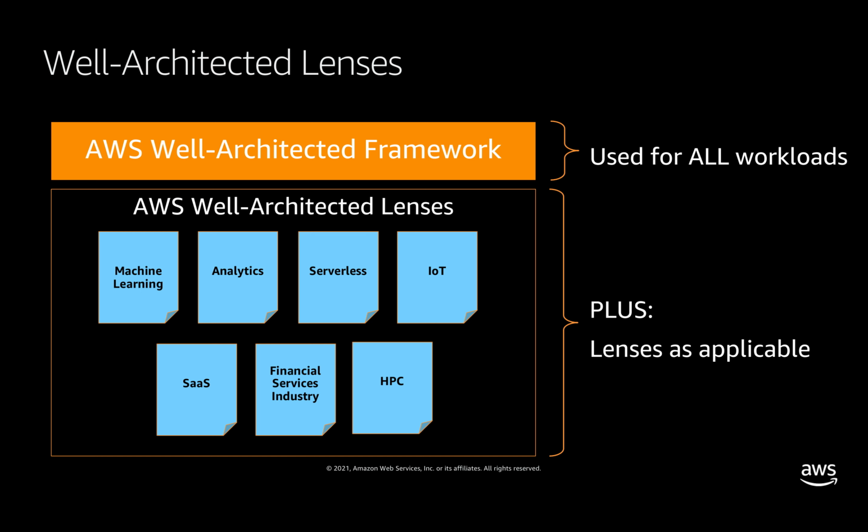However, there are some best practices that can be really specific to a technology domain, like machine learning or analytics, or even to a specific industry, like the financial services industry. So for this, we have several lens white papers that are available and are intended to be used in parallel with the broader AWS Well-Architected Framework. And these help address the design principles and best practices that are really specific to those domains and that industry.